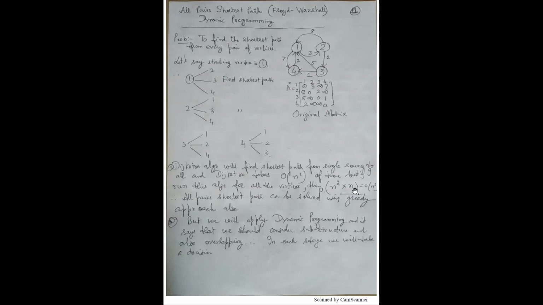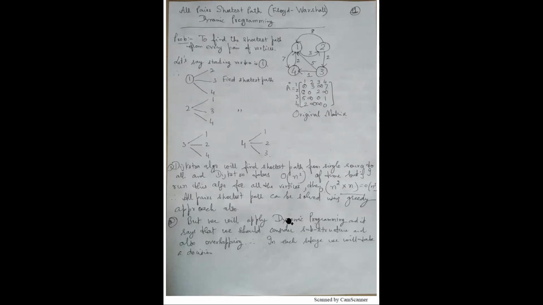So n square into n will be O(n) cube. Because if you remember, I solved Dijkstra's algorithm using a greedy approach. If I use the greedy approach, I will be able to solve the all pairs shortest path problem in O(n) cube complexity.